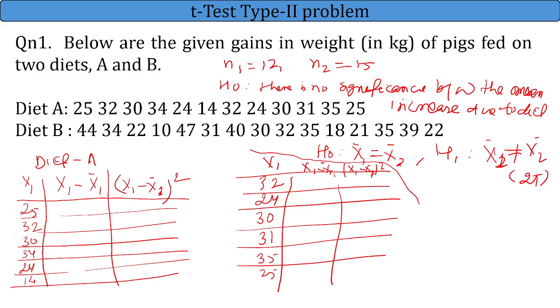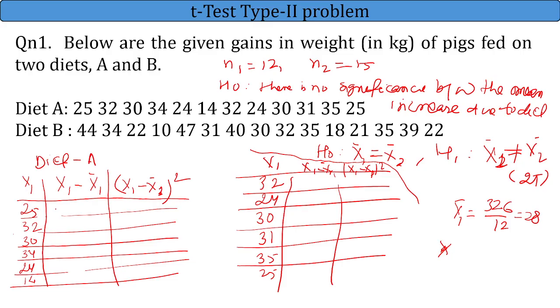Okay. So just tell me what will be the value of x1 bar. A summation of 25, 32... the total is coming 336 by 12, which is equal to 28. And x2 we'll see later in the coming slide.